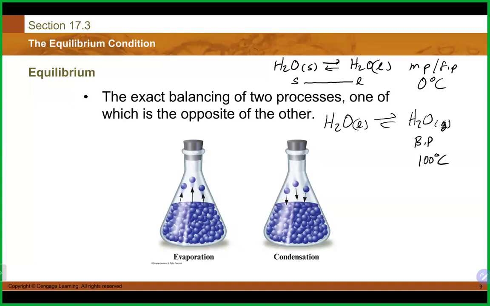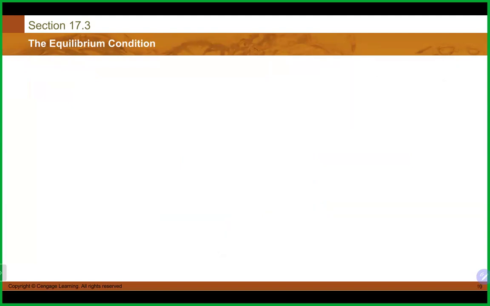Some molecules jump out of the liquid phase into the gas, and some slower moving gas molecules drop back into the liquid. So you're at equilibrium. Not until you get above 100 degrees Celsius do you fully transition into the gas phase, and not until you get below 100 degrees do you transition into the liquid phase. So even in physical processes, we have equilibrium. At that temperature, the forward and reverse processes happen at the same rate.